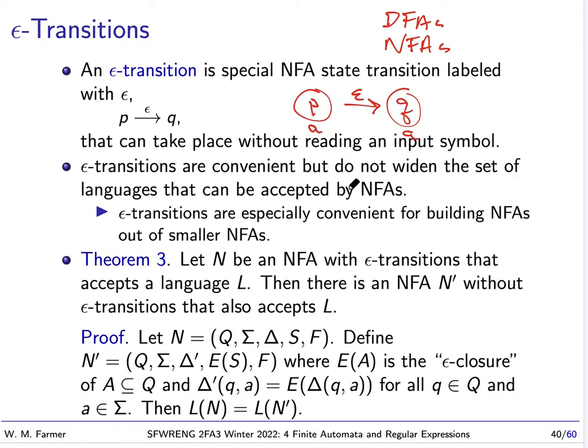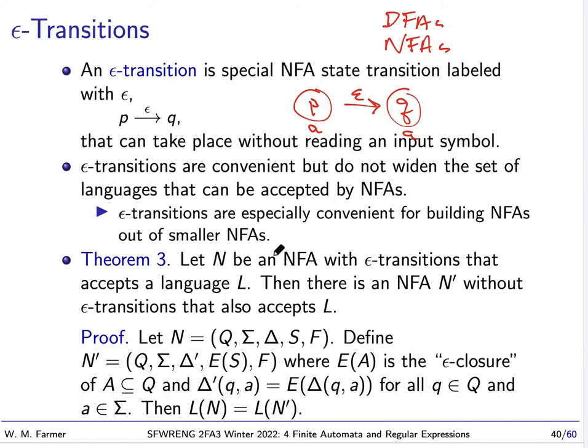And these epsilon transitions are very convenient. They allow us to design our finite automata much more easily than if we didn't have these transitions. And they're especially useful, which we'll see later, for building NFAs out of smaller NFAs. So if we have NFAs that are going to be components of a bigger NFA, and we're going to put these together to build the bigger NFA, epsilon transitions are very useful for this.